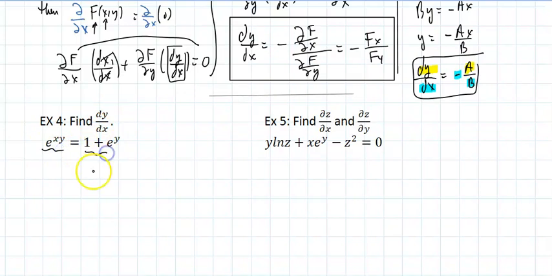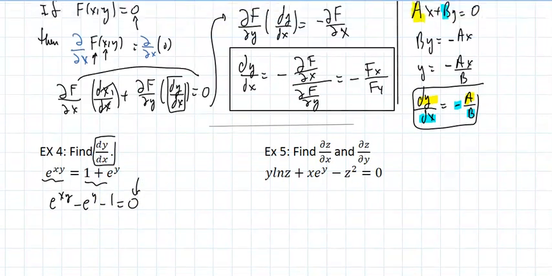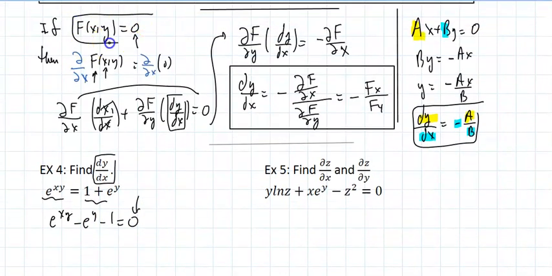If I have a traditional problem and I want to take just dy/dx, I could say e^(xy) minus e^y minus 1 equals 0. As long as I get it to equal 0, I'm matching the rule.